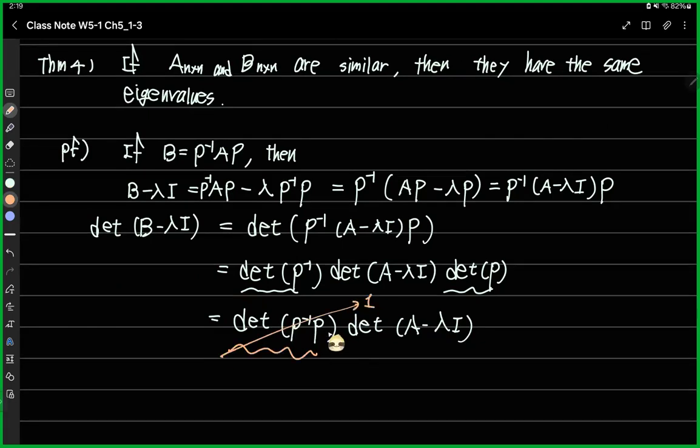Because P inverse P is an identity matrix, and the determinant of the identity matrix is 1. Proof is done. So that's for 5.2. Okay.